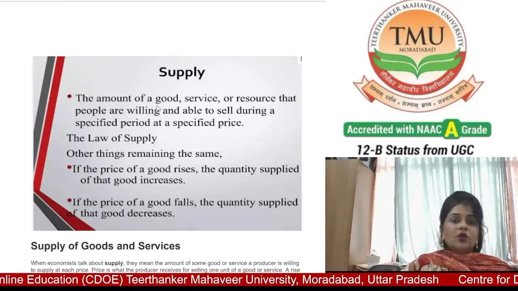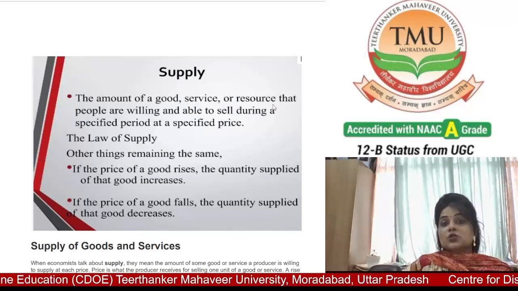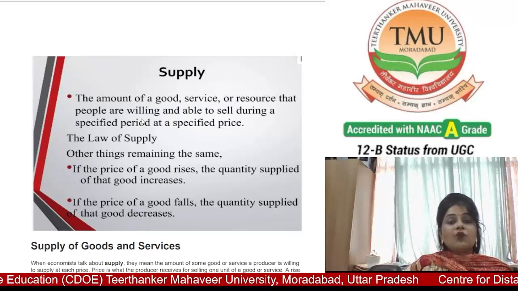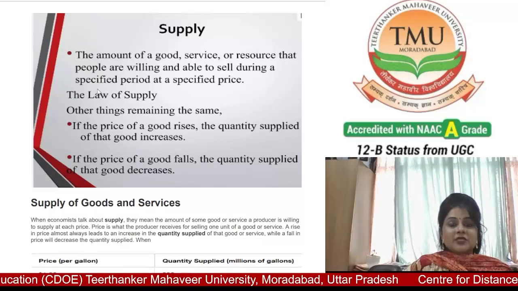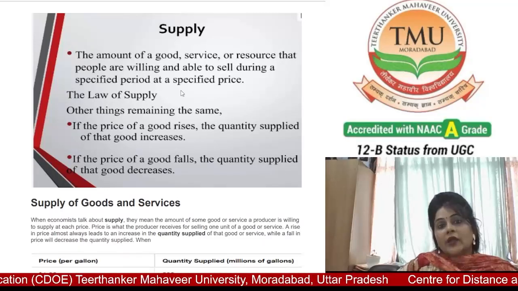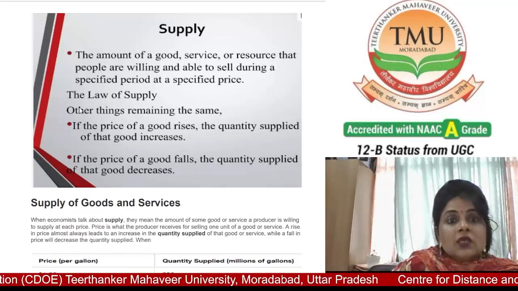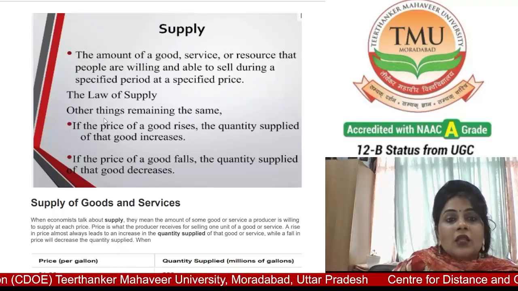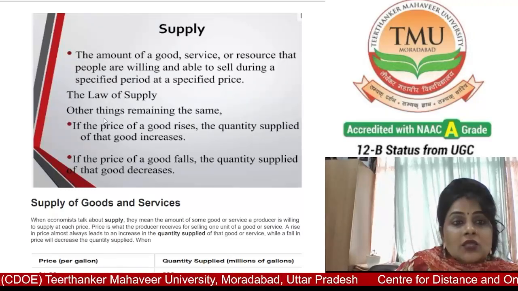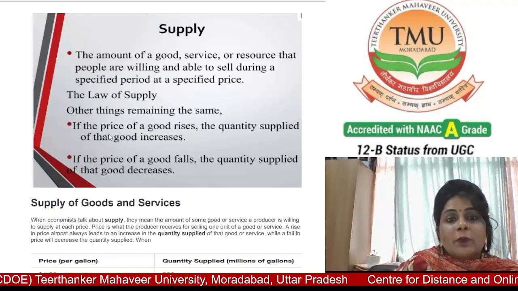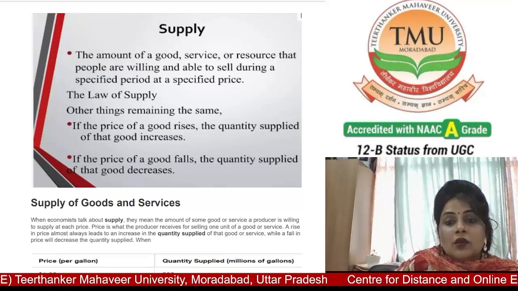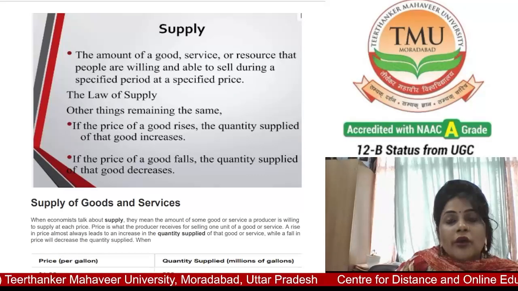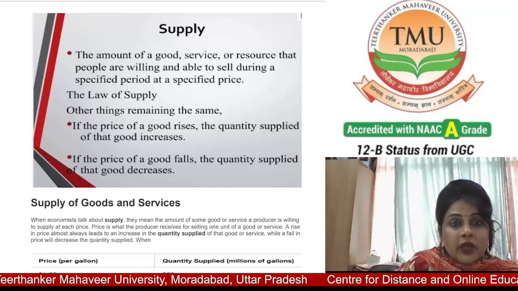Supply is the amount of a good, service, or resource that people are willing and able to sell during a specified period at a specified price. The law of supply, other things remaining the same: if the price of a good rises, the quantity supplied of that good increases.